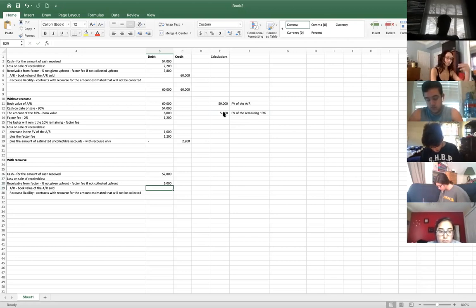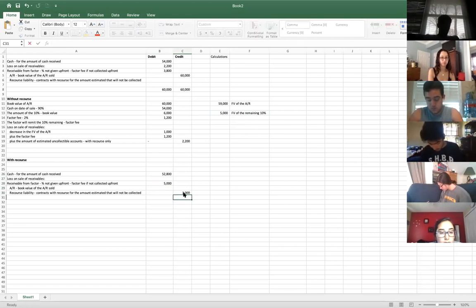And we did not have to subtract the factor fee from this one because the factor fee came out of the first cash distribution. Good. What else did you do? And then you got to credit the recourse liability for $3,000 that was given, and then your accounts receivable for $60,000.